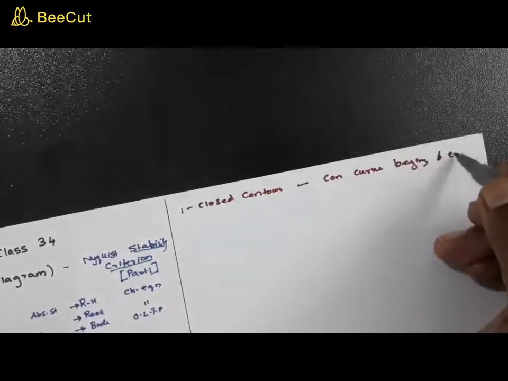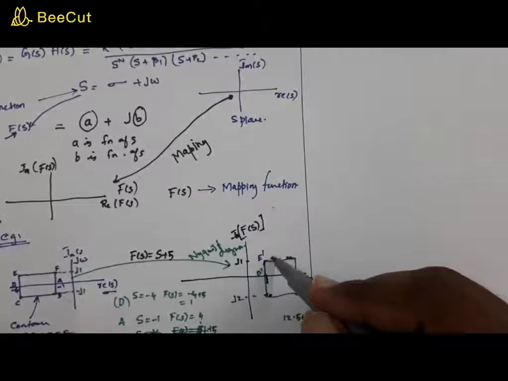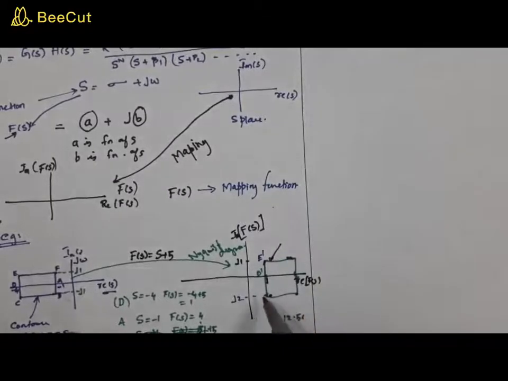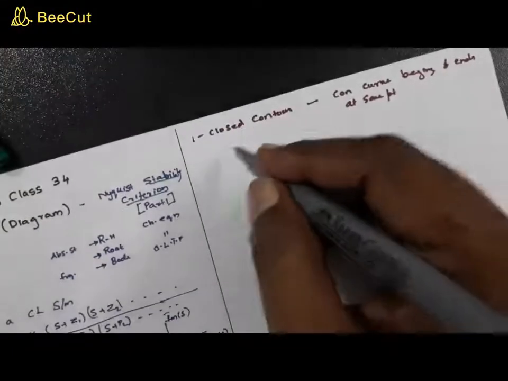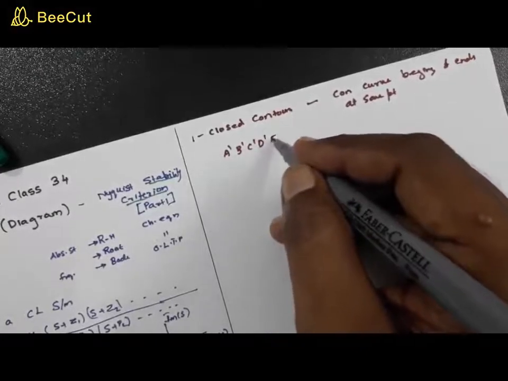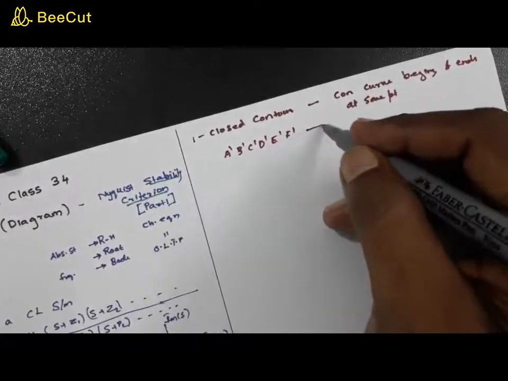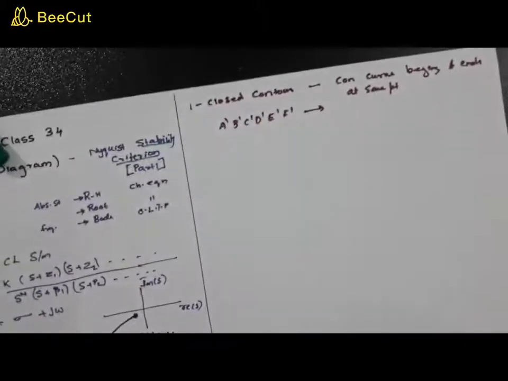So that means, say, this path, I'm calling this A dash, B dash, this will be C dash, this is D dash, E dash, and F dash. So this A dash, B dash, C dash, D dash, E dash, and F dash is said to be a closed contour, right?